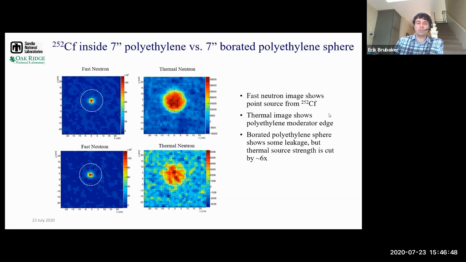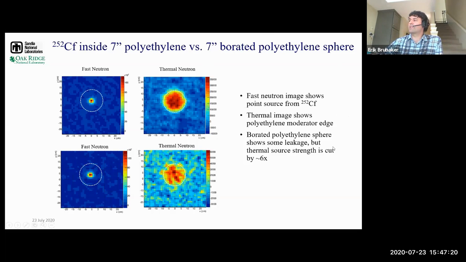So if we're in that situation where we're close to a source, again, arms control, emergency response might be typical applications there, this is the best system we have to get a high resolution image of the neutron emitting material. And high resolution in this context means, like I said, on the order of a centimeter resolution. Not certainly as good as you can get from an optical camera, but that's the scale we're talking about for energetic neutrons.